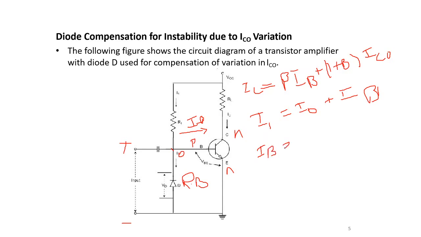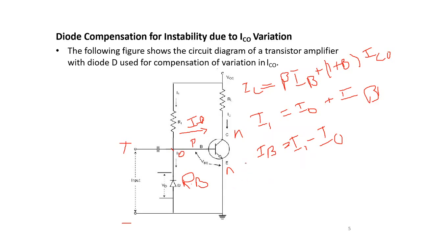IB equals I1 minus I0. So next we have to do the observation. IC current is equal to beta times IB plus (1 plus beta) times ICO, right?